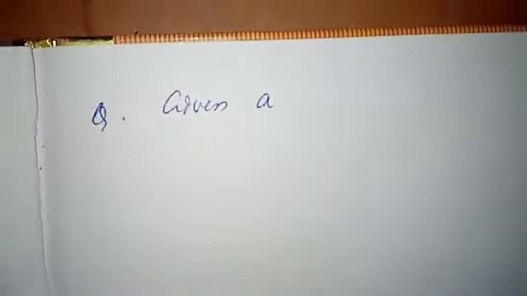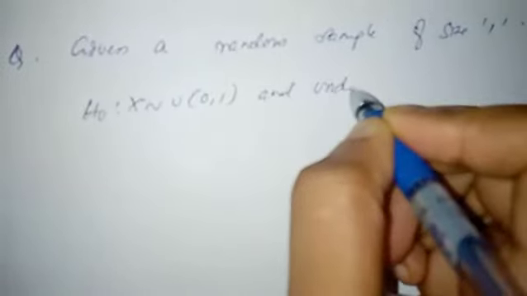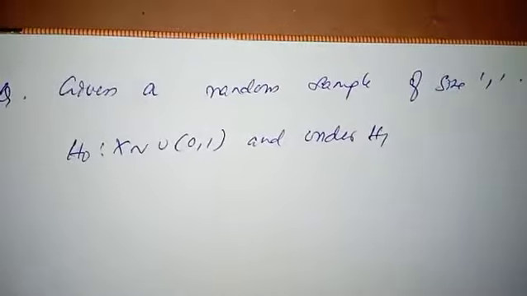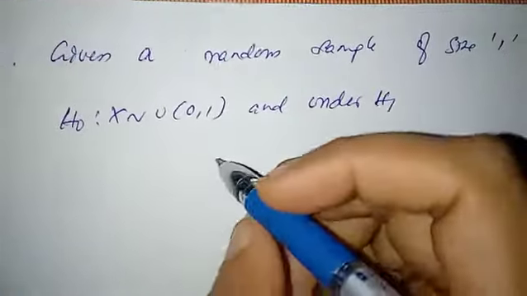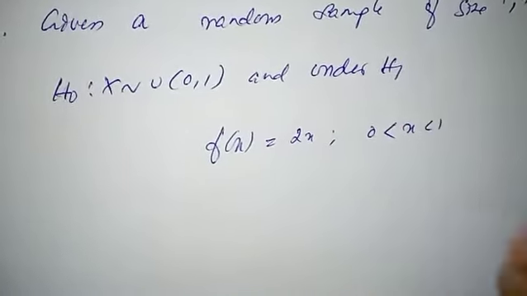Next we will solve another problem of this type, and the question is: given a random sample of size 1, under h naught, x follows uniform (0, 1), and under h1 the density is f of x equal to 2x, where x lies between 0 and 1.